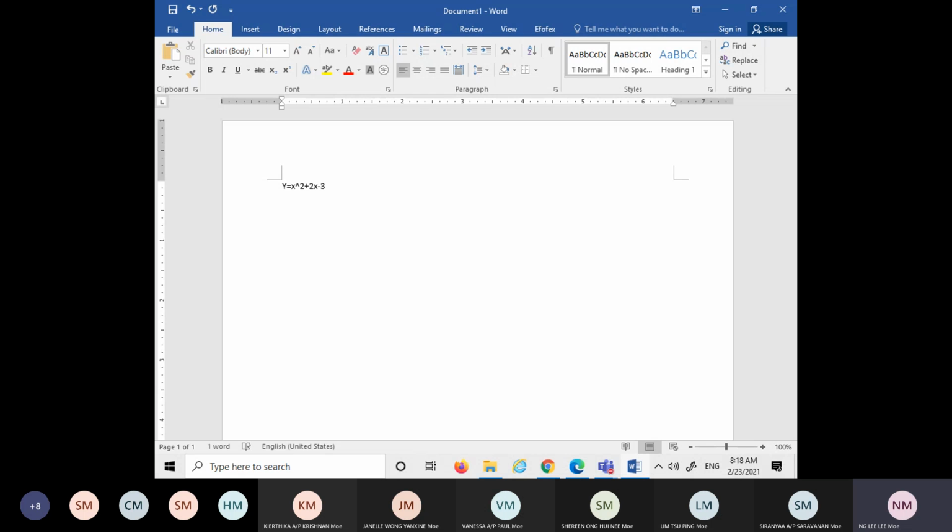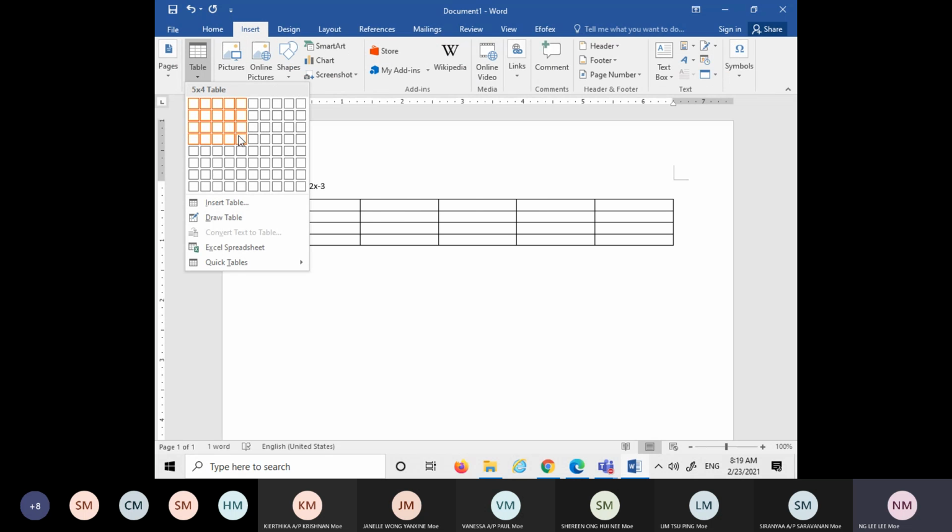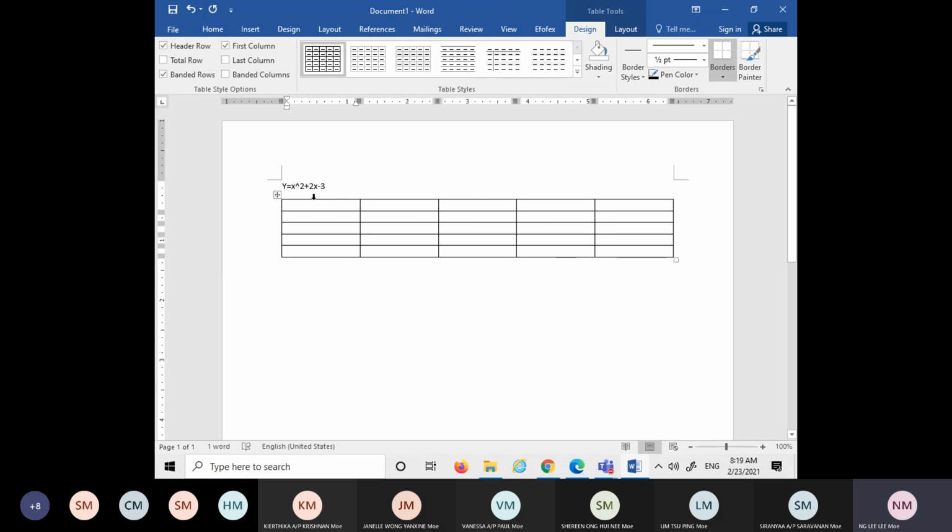Maybe I have to build a table. The table is exactly the same as the table on page 57. But how many points is this? 1, 2, 3, 4, 5 by 5. Insert a table, a 5 by 5 table.